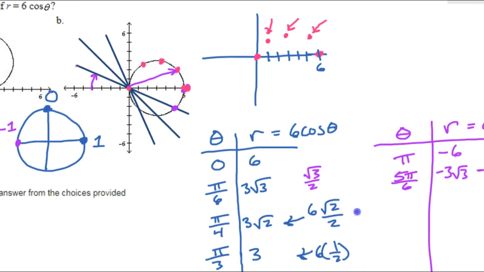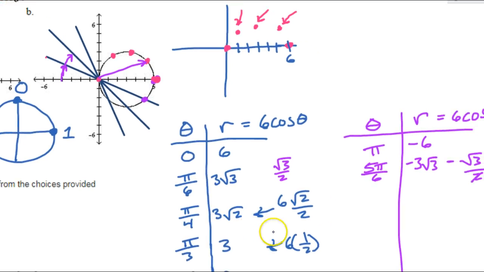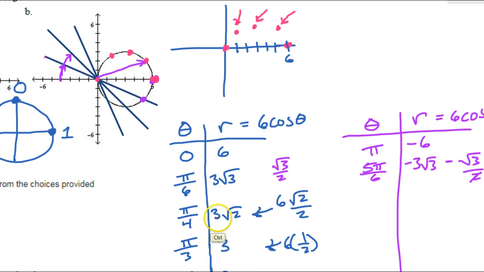Okay, so in a similar way, if I move on to this next one, the one that has a reference angle of pi/4, like 45 degrees, hopefully you can see now that I'm going to get the same value that I did before. So remember we had 3 radical 2.